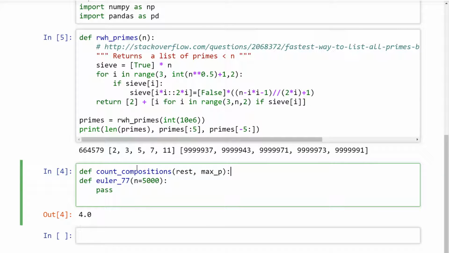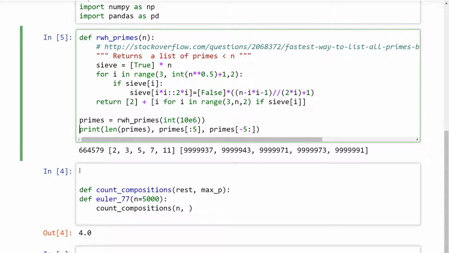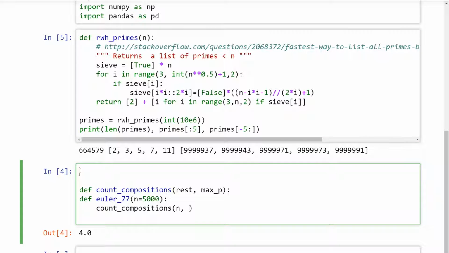So I guess the way this works is 5,000 is the rest, or n, and max p would be, well, we need primes.